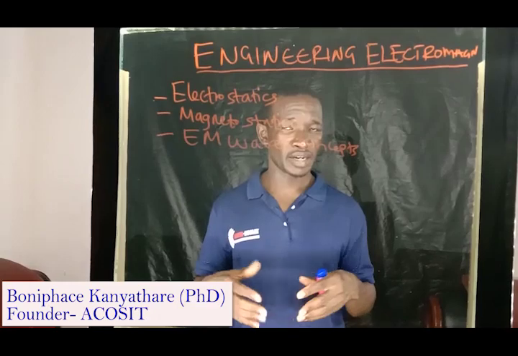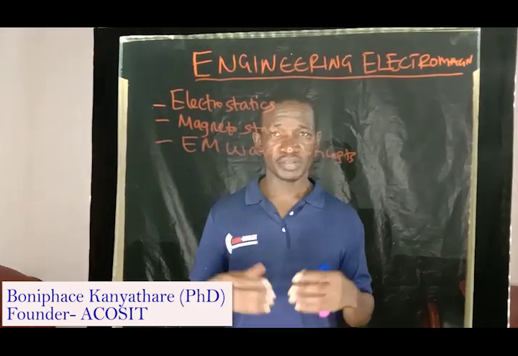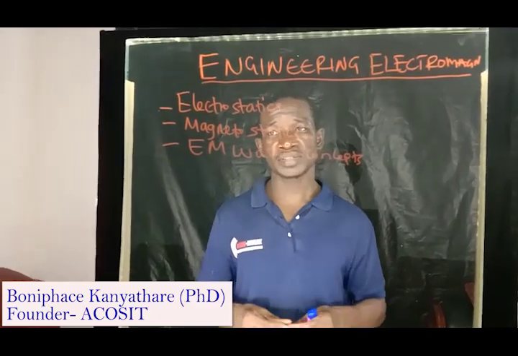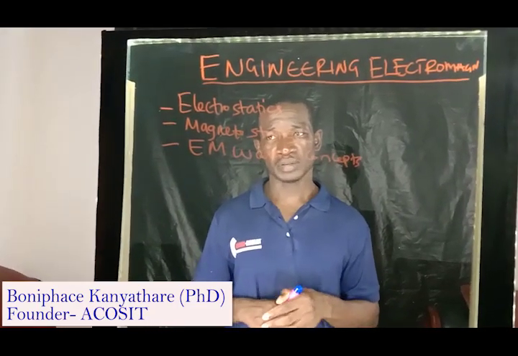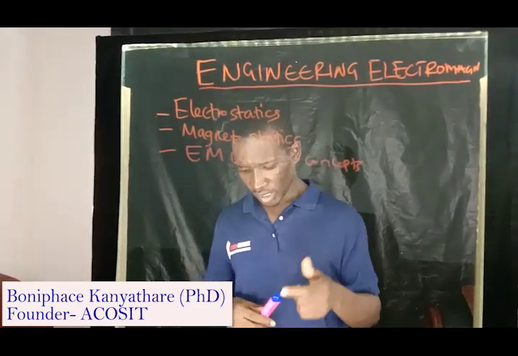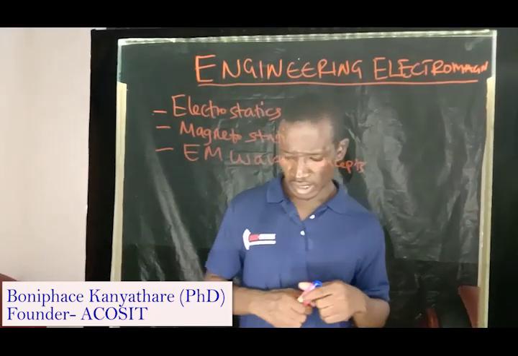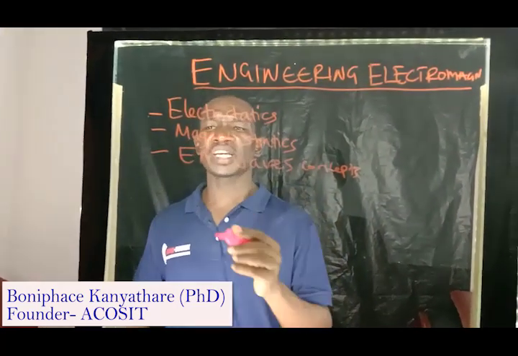So things like speed, velocity, frequency, how these relate. These are some of the fundamental things and concepts that we're going to look at when we deal with electromagnetic waves.